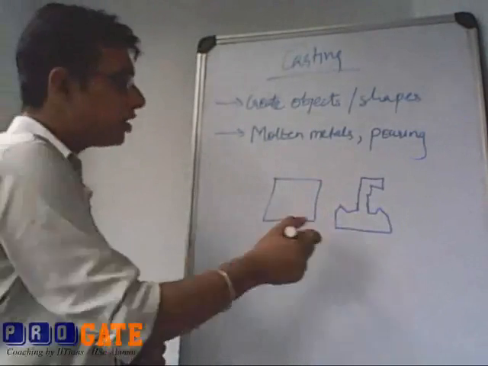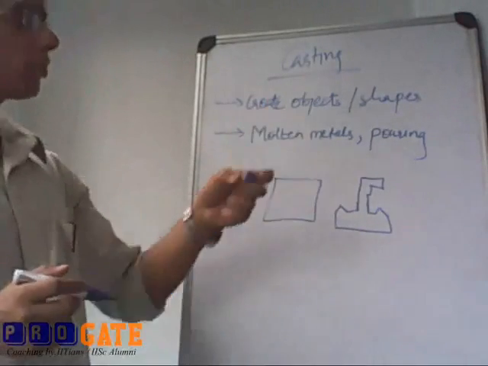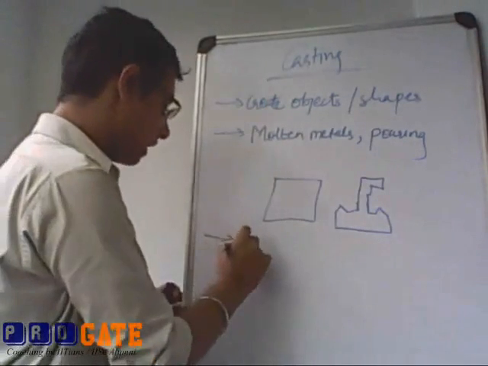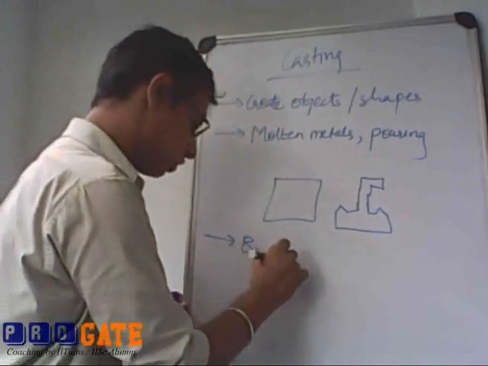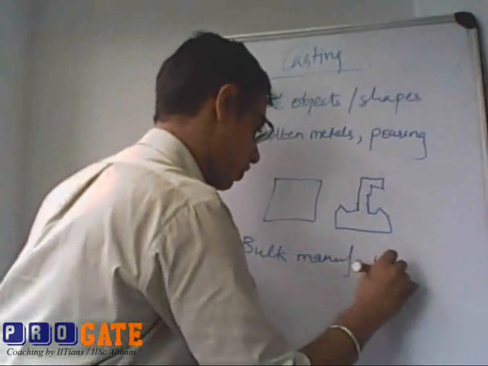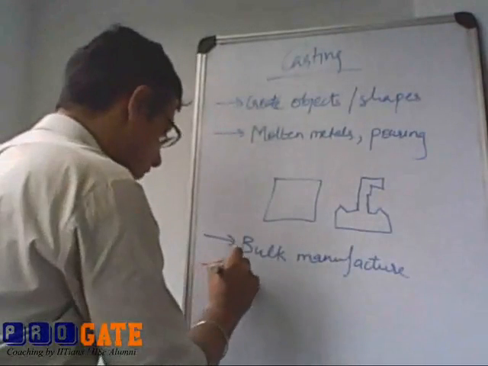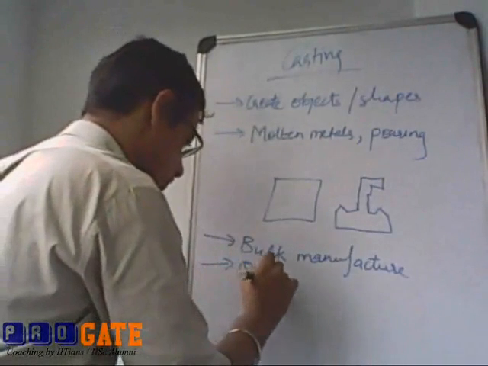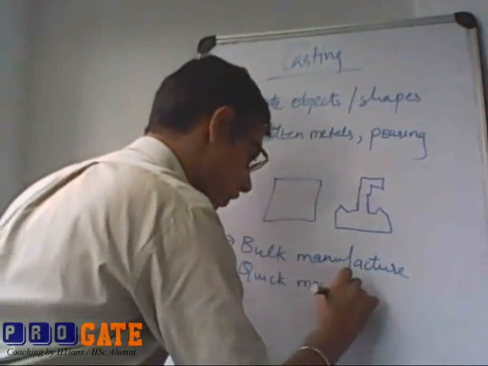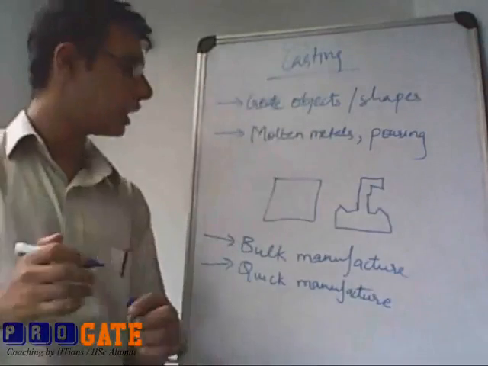So for manufacture of intricate shapes, it's always easier to use casting. More importantly, casting helps in bulk manufacture, and helps in quick manufacture as compared to the other techniques.